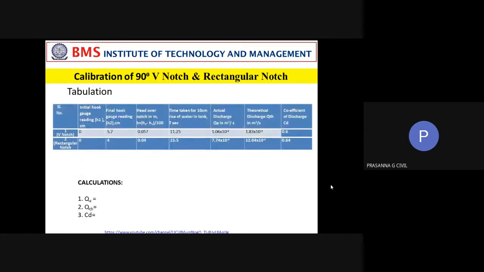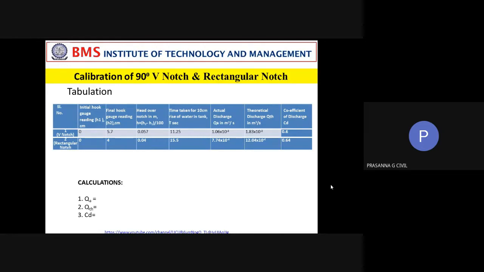For the tabulation, one reading each of the V notch and the rectangular notch are shown. The initial hook gauge reading is fixed at the crest of the notch, which is recorded as 0.0. The final hook gauge reading is at the water level for a particular discharge, where the hook gauge is touching the surface of the water. The head over the notch is taken as H2 minus H1 divided by 100 to convert it into meters.